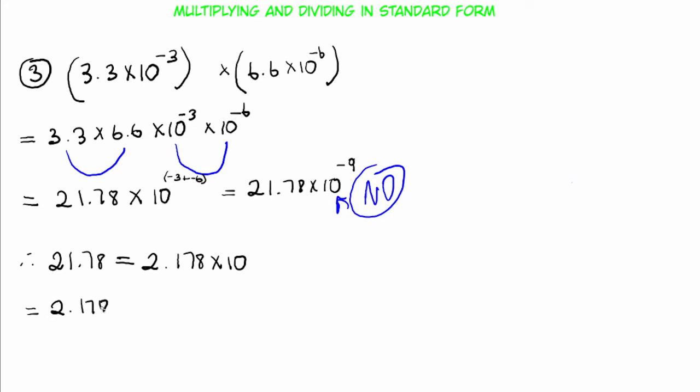Let's go ahead. So now we'll end up with 2.178 times 10, which would be 10 to the first power, times 10 to the negative 9th power. These two will be multiplying each other, so we're going to go ahead and do that to get our final answer.